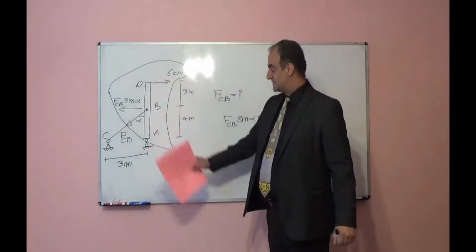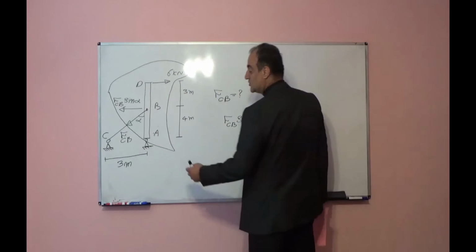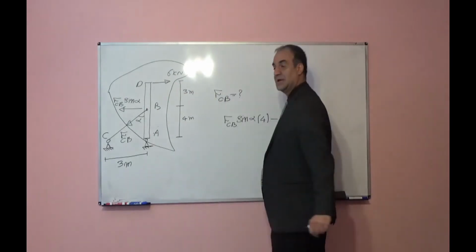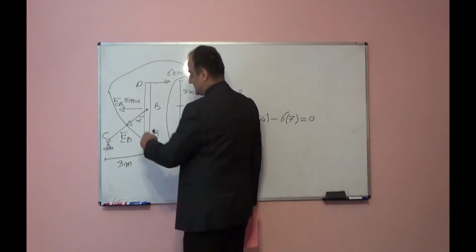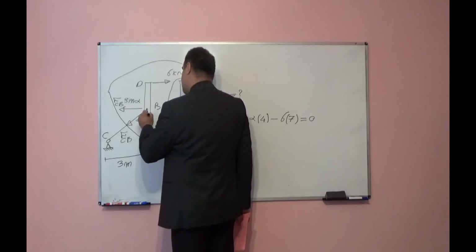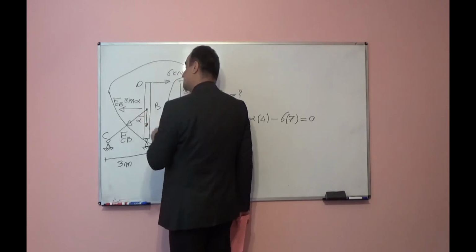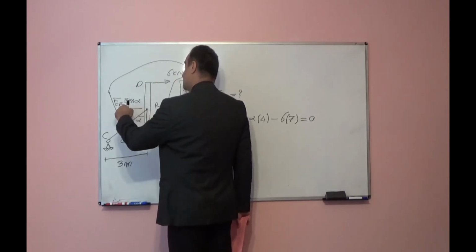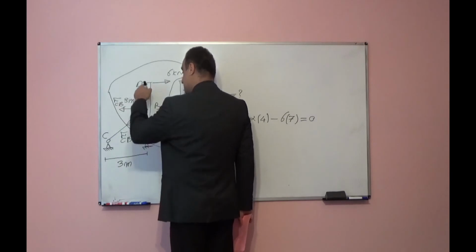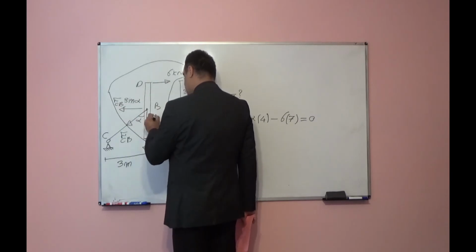For this part of the structure, I wrote summation of moment respect to point A. Because FCB is inclined, I can project in two directions. One component will be FCB sine alpha, perpendicular to the column. Another one, it will be FCB cosine alpha.